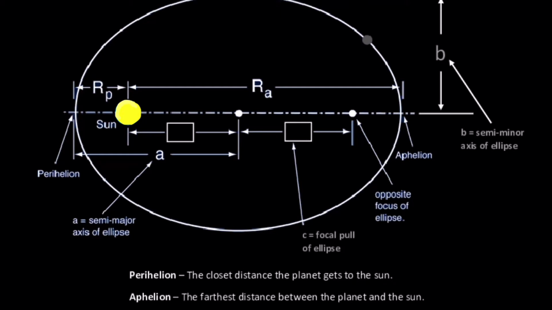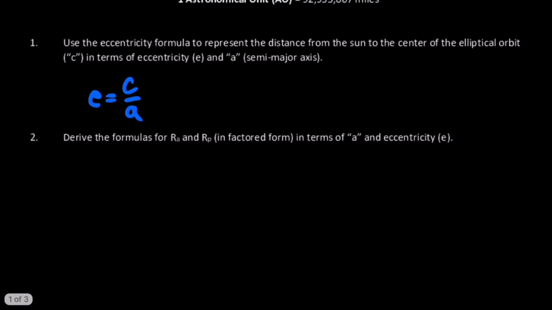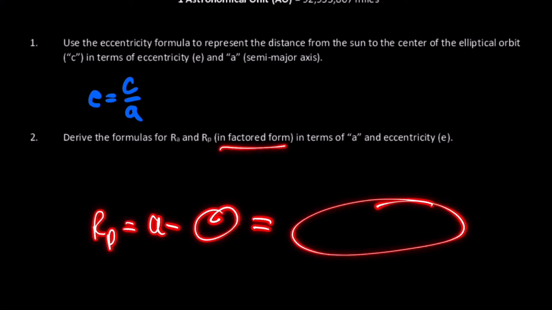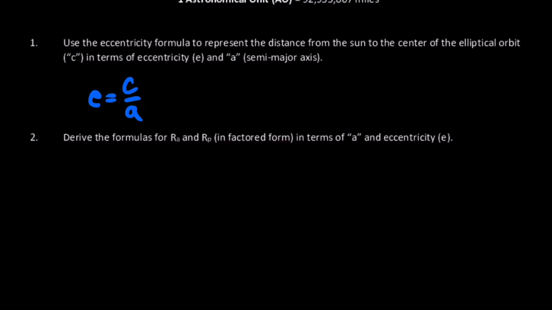Well, here's what we know. This total distance is A. This distance here is whatever you've got in that box. So to find the difference, you simply take A minus this. So your formula for RP will be A minus something, and then again, you're going to factor that by taking out a GCF. So you have two very simple formulas, one for RA and one for RP.